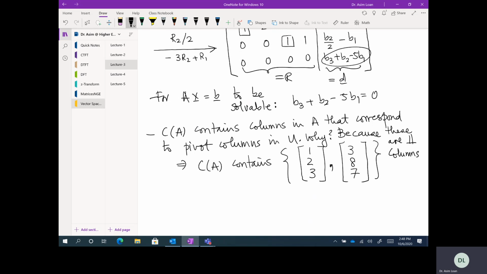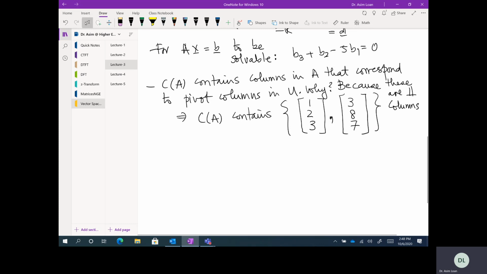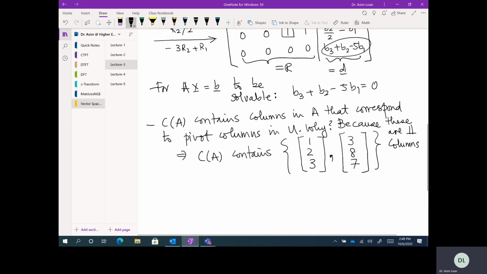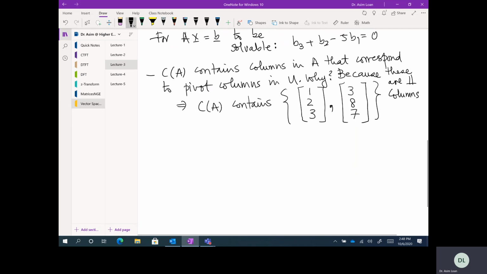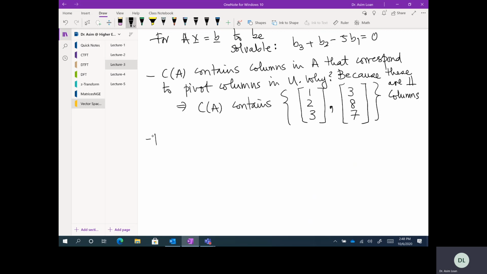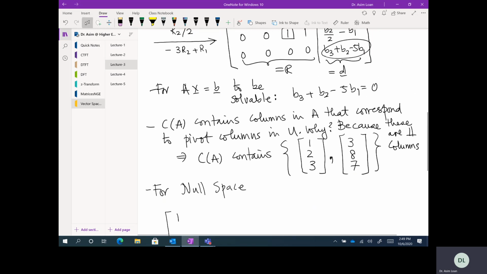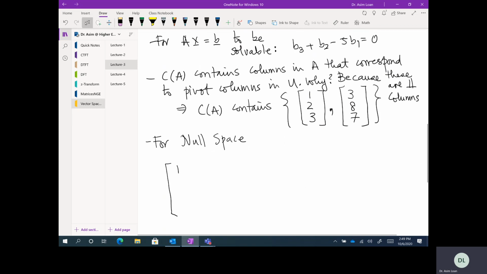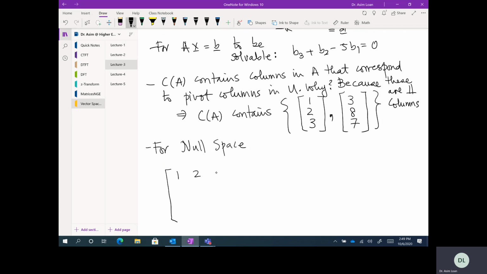Okay. What about the null space? So for the null space of A, we can directly write U again here. Instead of going up and down, for null space, we have 1, 2, 0, 2, 1, 2, 0, 2.